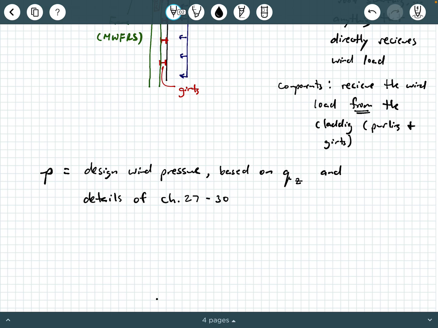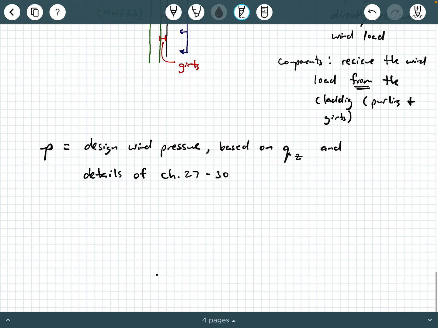So depending on what specific structural scenario you're dealing with, you're going to then enter into chapter 27, 28, 29, 30, and so on, and you're going to use that Q sub Z that you calculated from chapter 26, and then you're going to utilize that to calculate a design wind pressure. And depending on what your structure is, your design wind pressure is going to be a function of other details from one or more of these chapters, okay?